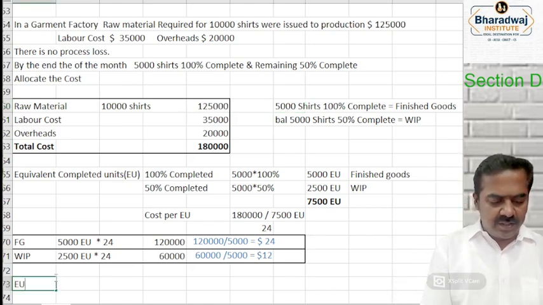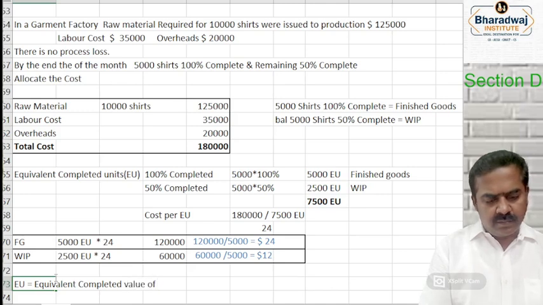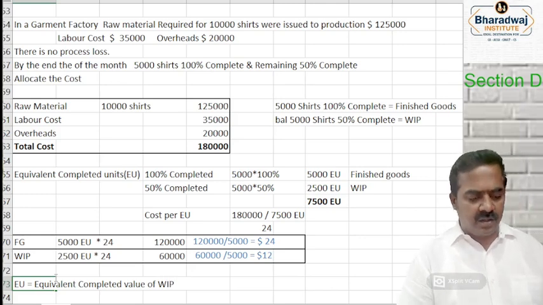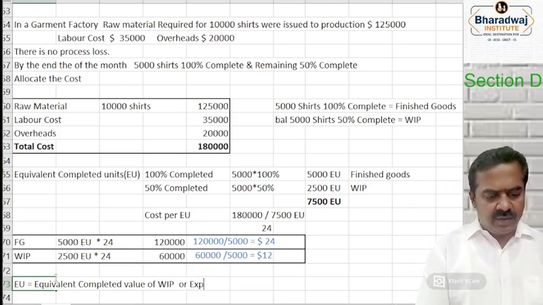So an equivalent unit is nothing but the work in progress, incomplete units, expressed in terms of its equivalent completed value.